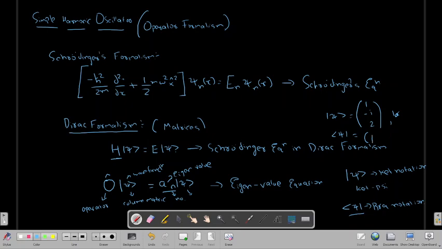The first entry will be 1, the second entry will be the conjugate, so this will be i, and then 2. So for every ket there exists a bra. I will not go into the details of linear algebra right now, since the main aim of this topic is to introduce you to the simple harmonic oscillator in the operator formalism.